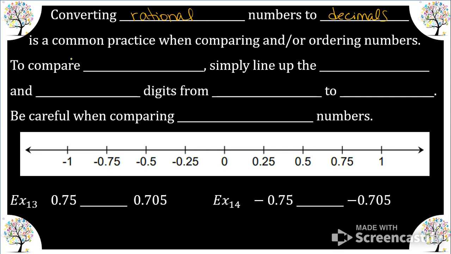Converting rational numbers to decimals is a common practice when comparing and/or ordering numbers. To compare decimals, we simply line up the decimal point, and then we will compare the numbers from left to right.